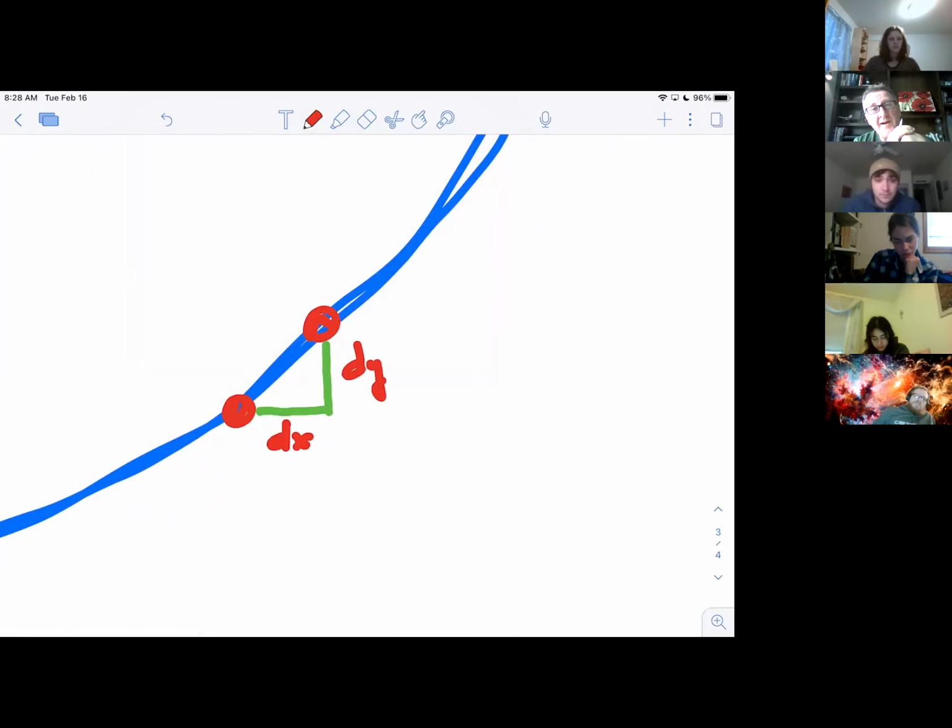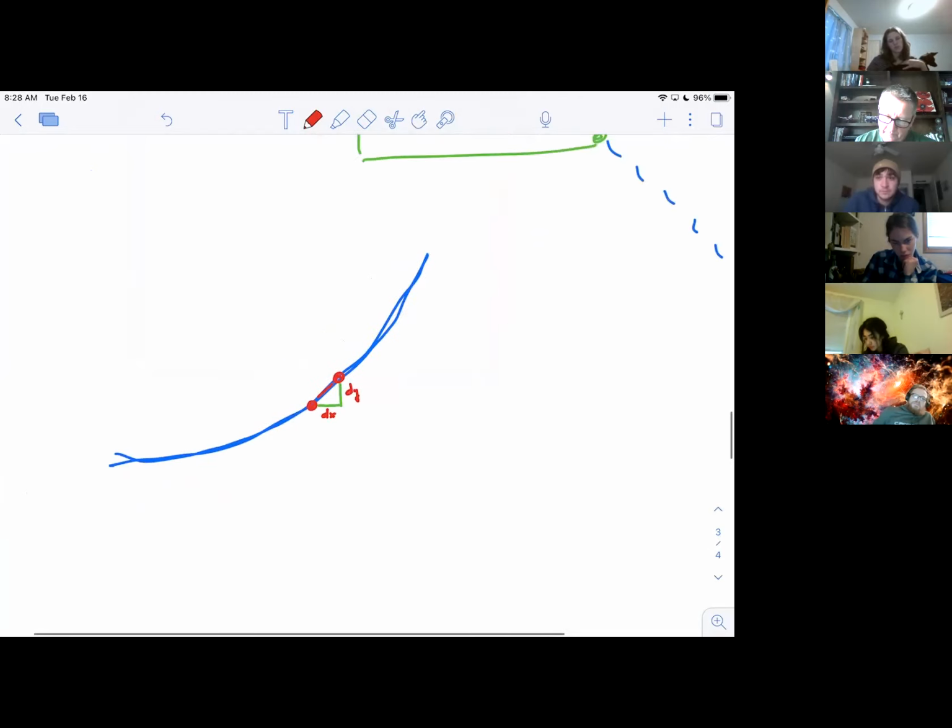And again, the d implies really little, like infinitely little. So then, what's that hypotenuse? Isn't that hypotenuse just equal to those terms squared, added together and square rooted?